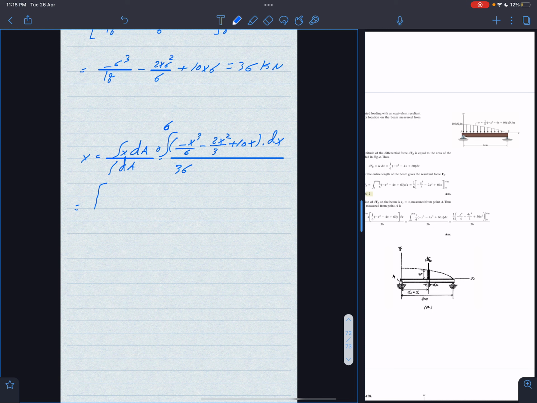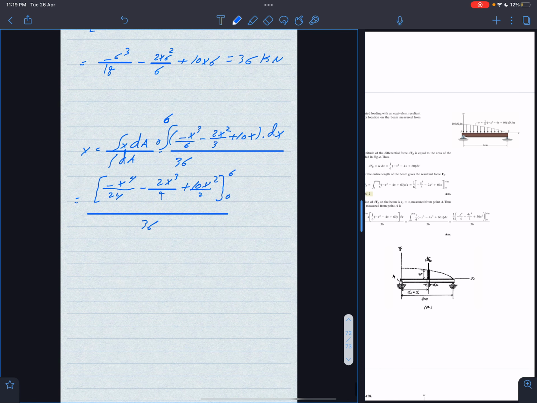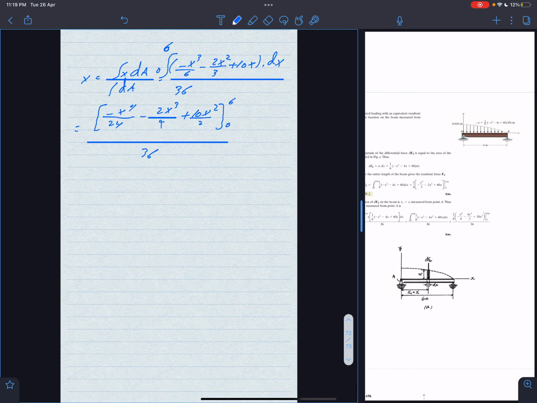The top is going to have a big bracket, so x cubed is now going to be x to the 4, 4 times 6 is 24, minus 2x cubed over 3 times 3 is 9, plus 10x now is going to be x squared over 2. It's like the bracket, from 0 to 6. At the bottom of course we know it is 36. Again we do the same thing, we just come and substitute.